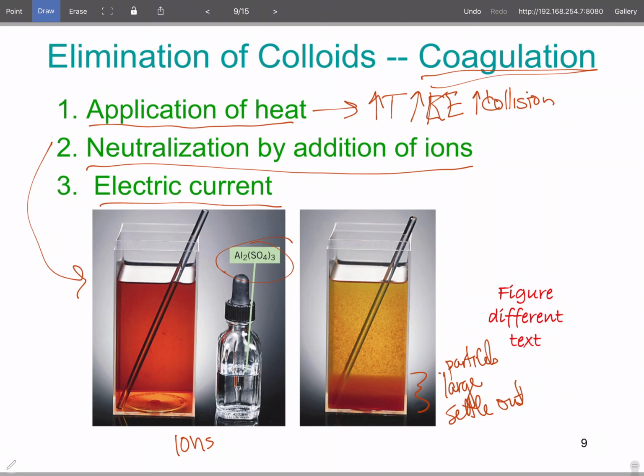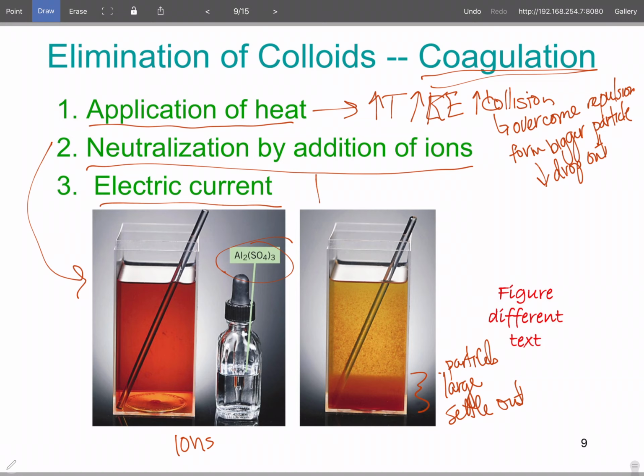Small tractor is just going to roll right over the bumper car, because if they have enough energy to collide, they will overcome the repulsion and form bigger particles, which again coagulate and drop out. Bigger particles which get too heavy to stay in suspension and they drop out. See a theme here? You're trying to get things to group together so they're too heavy and they fall over.